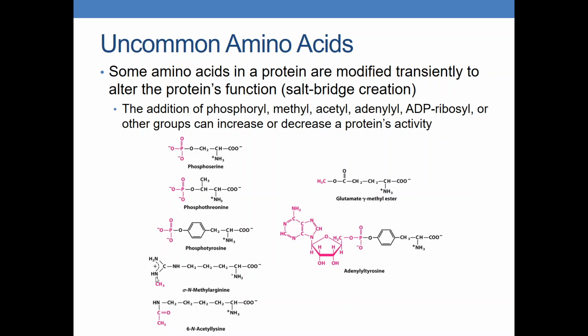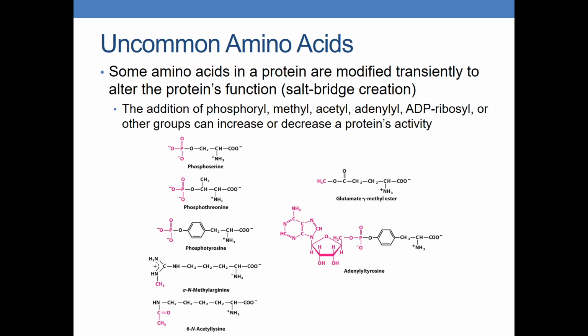I've tacked on a methyl group, and this changes some of the properties, or acetylation, or methylation of other things. Or here I've got an adenylyl group added on. So the point here is just to show you that there are ways to transiently alter a protein's function by way of these post-translational modifications.